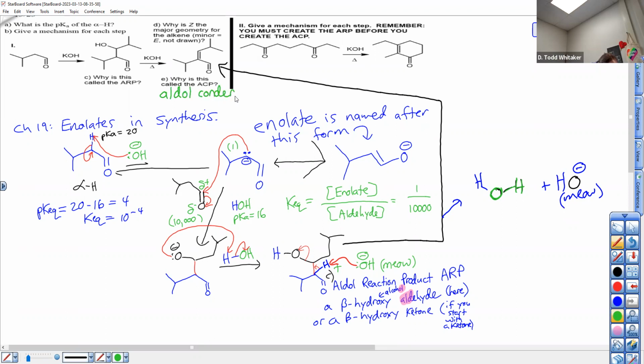So be very careful how you talk here. Don't use those words when you're saying what happened in the last step. What's happening in this last step is not condensation. You already did the synthesis part.